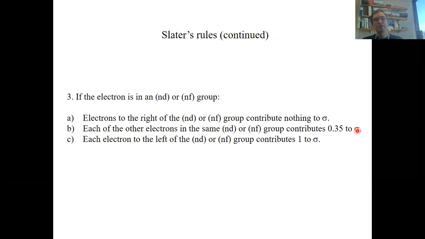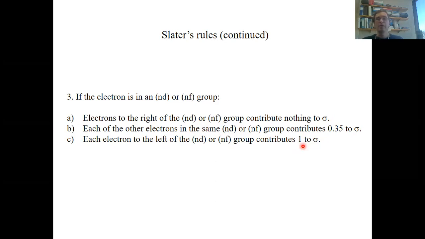In the same group, the electrons have approximately the same distance from the nucleus, so they partly shield an elementary charge, approximately 35%, or 0.35. And thirdly, and that's now a difference, each electron to the left of the d electron or the f electron we look at contributes 1 to sigma. So it shields a full elementary charge because it's significantly closer to the nucleus.